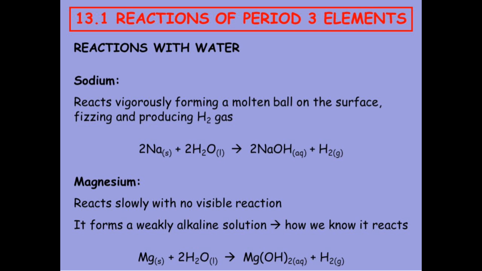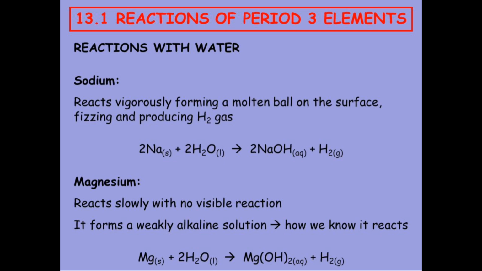But our focus is on the metals of period 3 and period 4. So specifically we are going to be looking at sodium, magnesium, aluminium, then potassium and calcium. However, we're also going to be looking at some other elements of period 3.